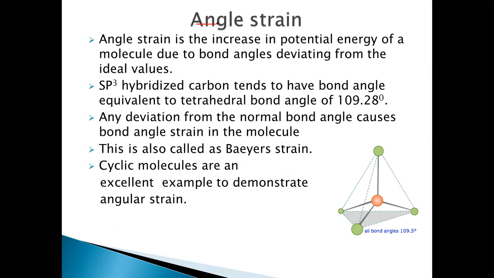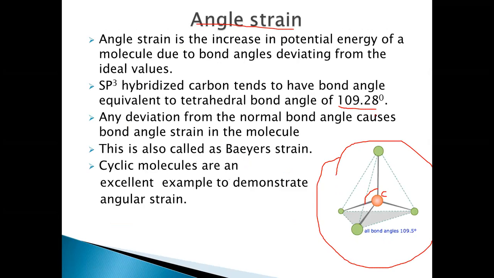The first one is the angle strain. We know that any sp3 hybridized carbon atom, for example in methane, the simple molecule, has a tetrahedral geometry, where the bond angle is 109 degrees 28 minutes.